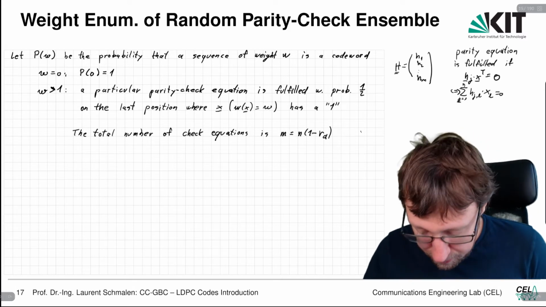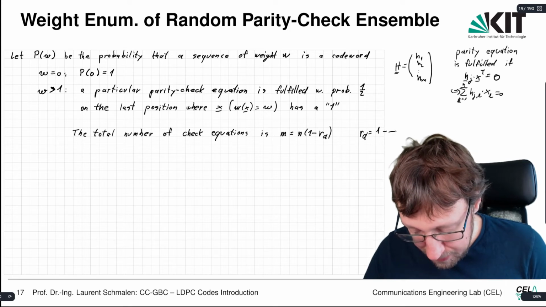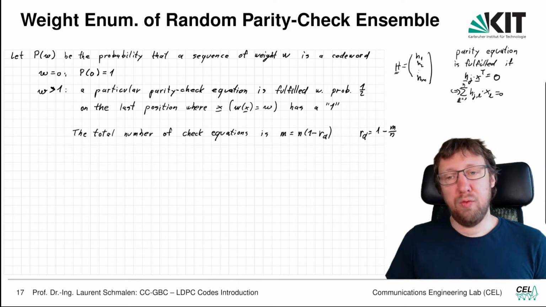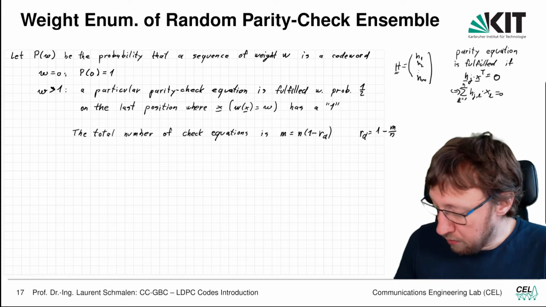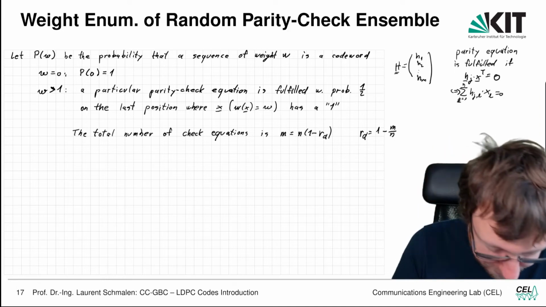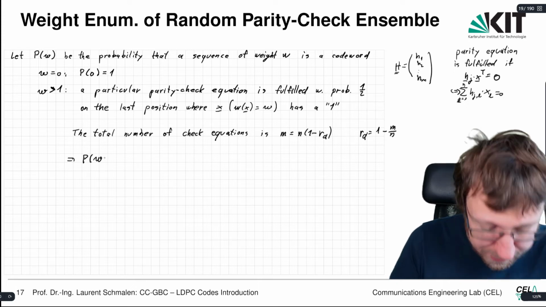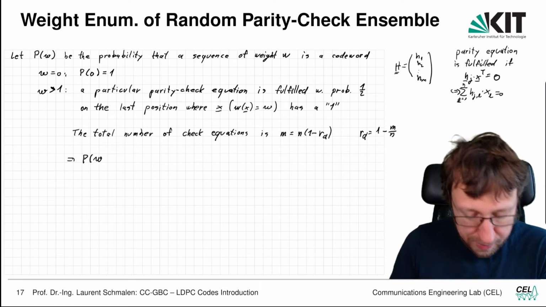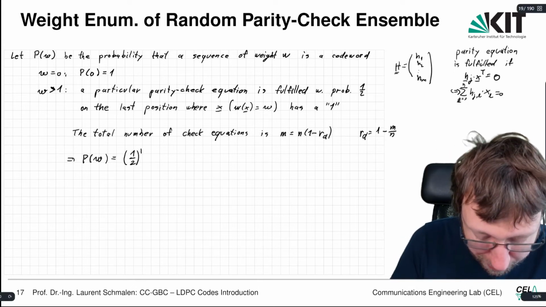Because if you recall, the design rate R_D is equal to 1 minus m over n. So it's just rearranging this equation a little. So the probability that a specific sequence of weight w is a code word is equal to 1/2 to the power m.